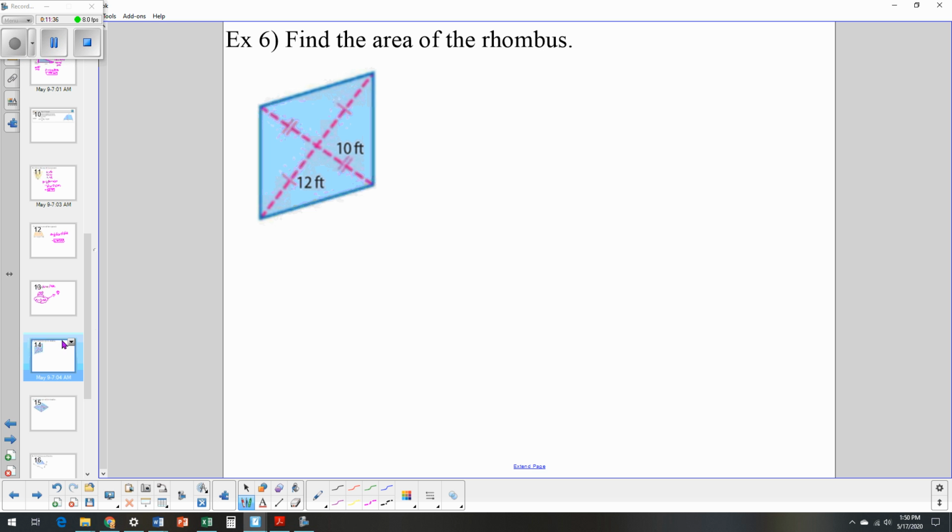So in our example here, we want to find the area of the rhombus. So this little part is 12, which means this is also 12. This little part is 10, which means this is also 10. So I know I'm going to have to identify diagonal 1 and diagonal 2. So if we called this diagonal 1, 10 plus 10 is really 20.